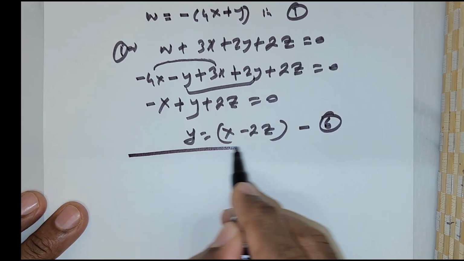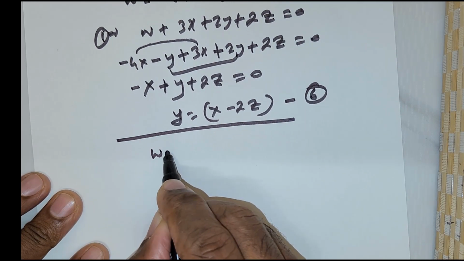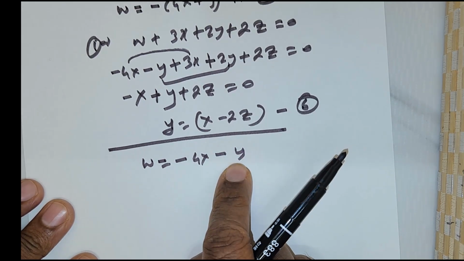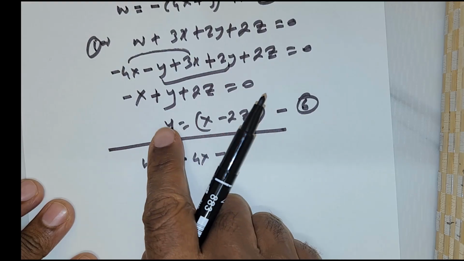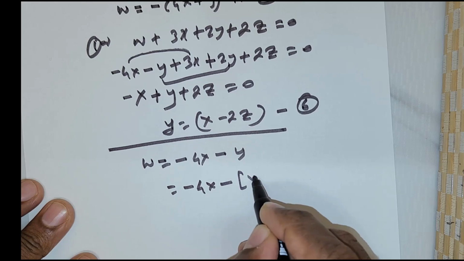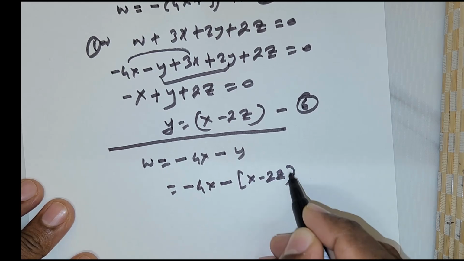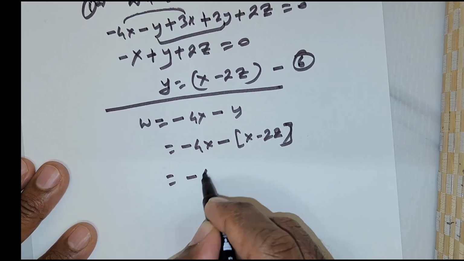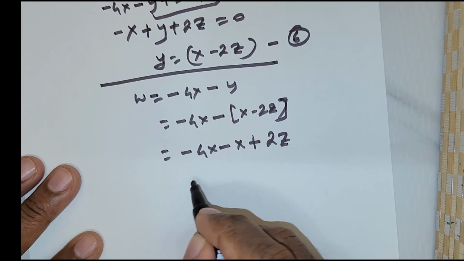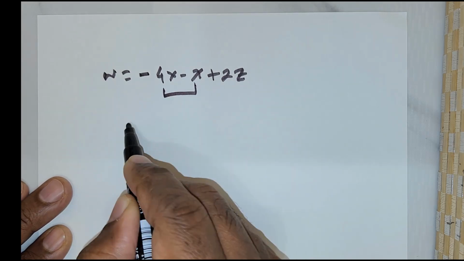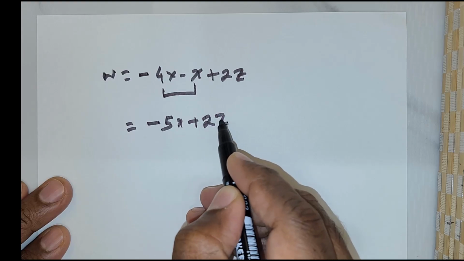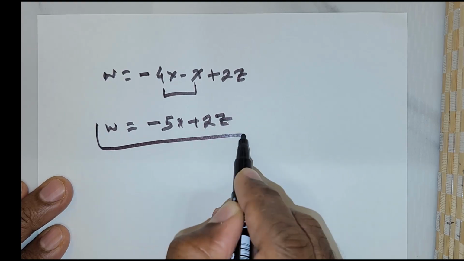So what are the things we got now? We have w is equal to negative 4x negative y already, right? This is equation 5. So in place of y, you substitute this. So this is equal to negative 4x negative of x minus 2z. So when we add, what do we get? You get negative 5x plus 2z. So this is our w.